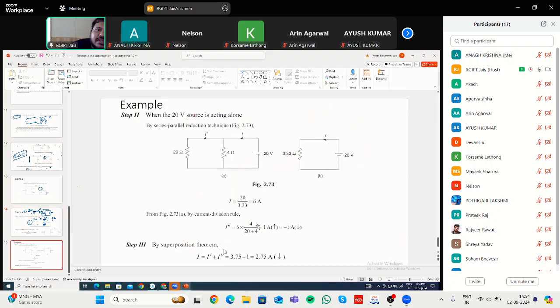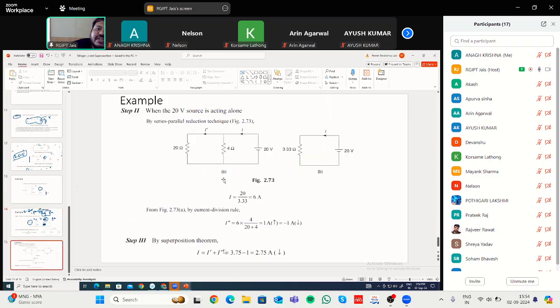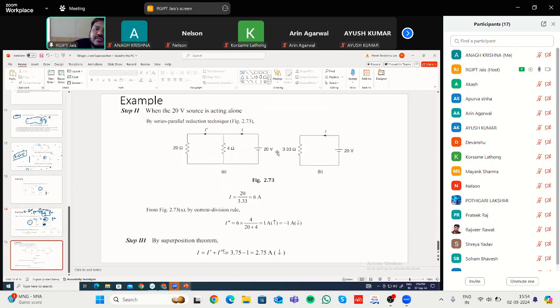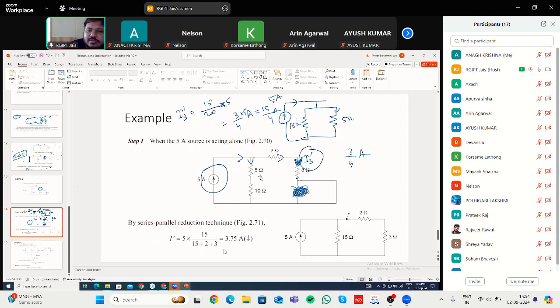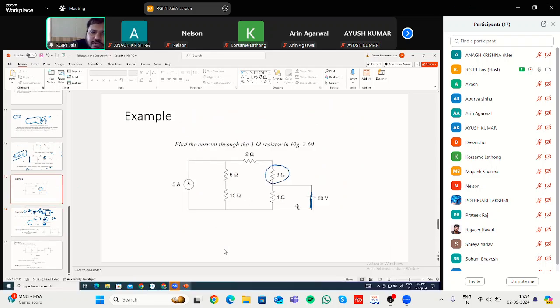Next, you deactivate the current source. Deactivating the current source means you replace that with an open circuit. This circuit will look like this. In the first part, you deactivated the voltage source, that means you replaced it with a short circuit.